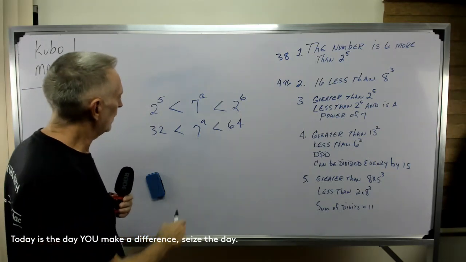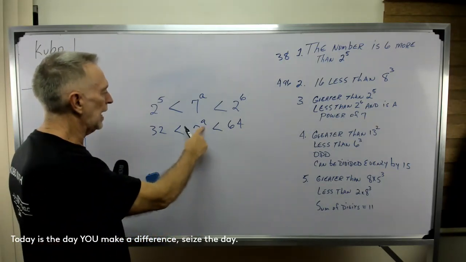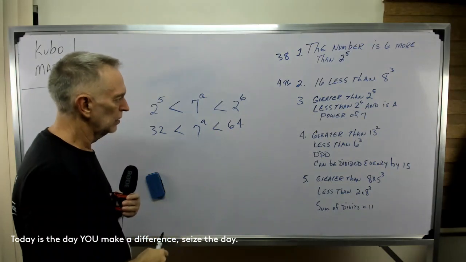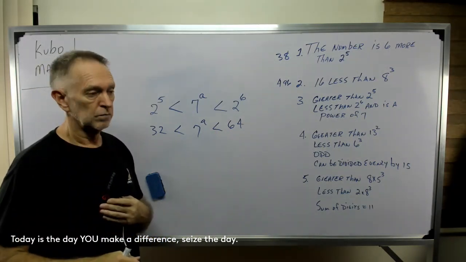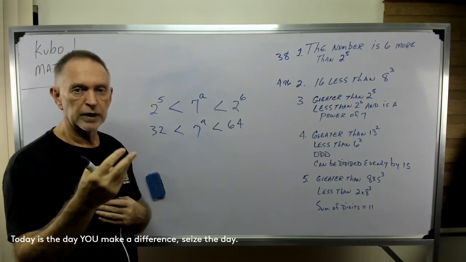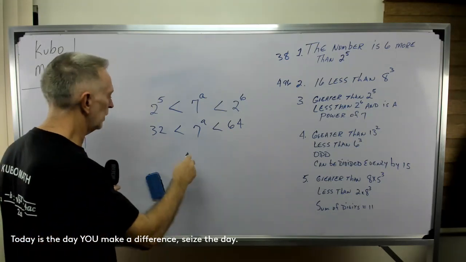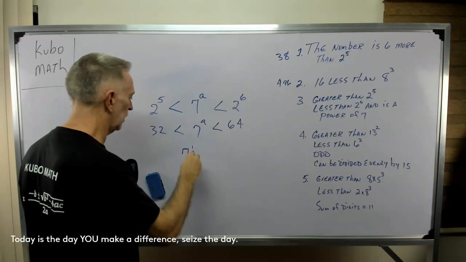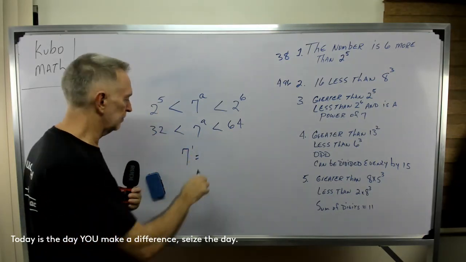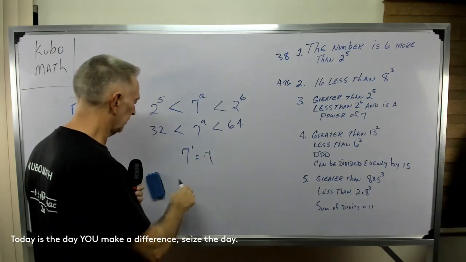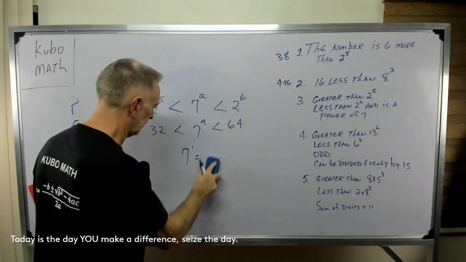Now then, when it says A is a power, what does that mean? Well, what are the powers? 1, 2, 3, 4. 7 to the 1 is 7 times itself 1 time, which is just 7.